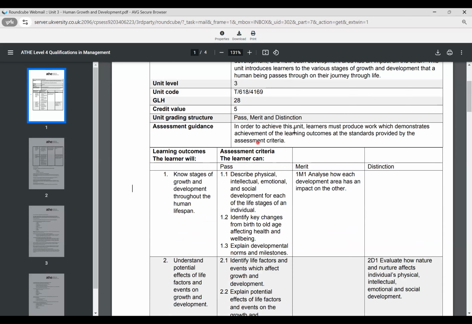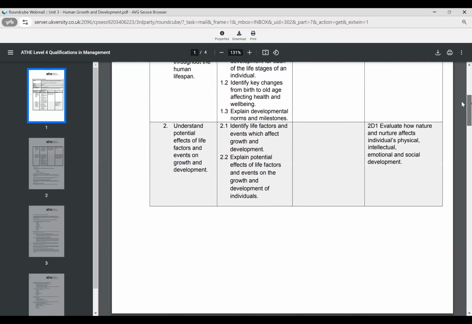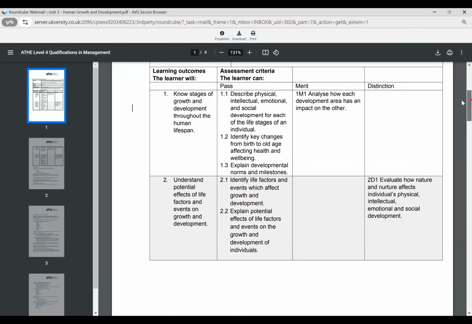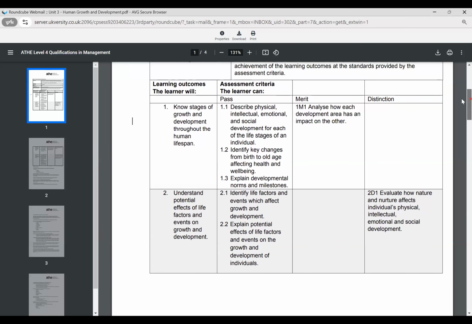If you want to achieve this unit, you must produce work that demonstrates your achievement of learning outcomes. So these are the learning outcomes, and these are the standards that we expect from you. So again, if you're expecting a merit or a distinction somewhere where you want to join, the job expects you to have a distinction, or if you want a further degree, they want to see that. So you can always let us know and we can look into that.